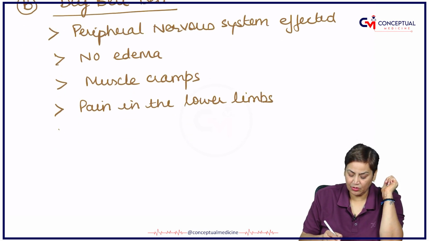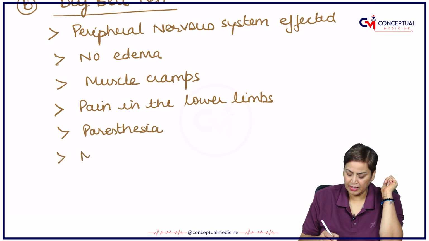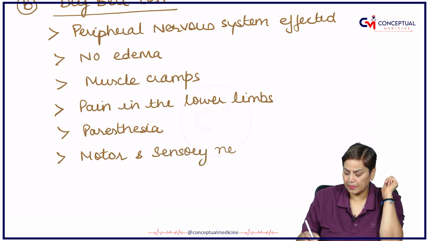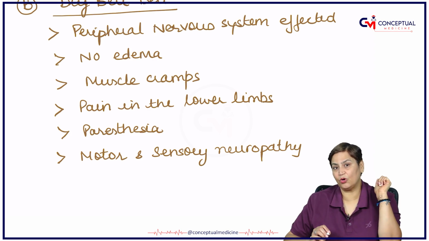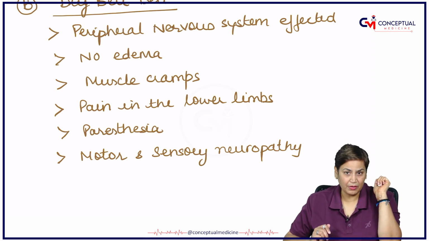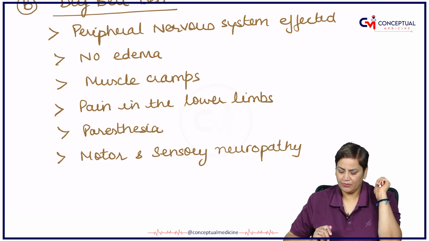Then paresthesia will also be there, right? Then motor and sensory neuropathy will also be there. And infantile beriberi is if the mother is also deficient of B1, or if the mother is consuming alcohol and all, so automatically it will be transferred to the child. So that is infantile beriberi, right?